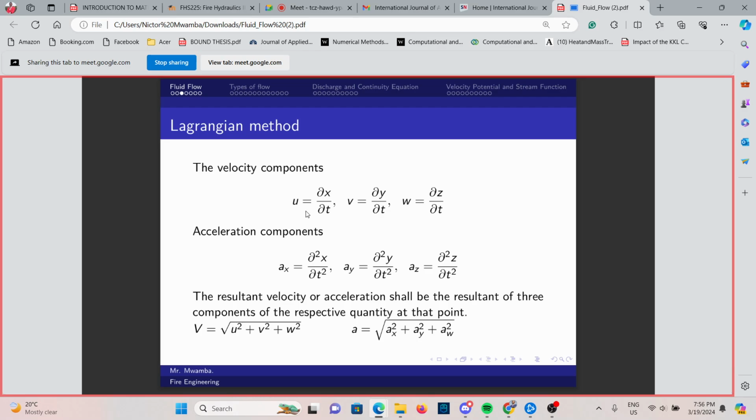So u is the velocity of the fluid particle as it moves along the x direction. Then v is the velocity of the same fluid particle as it moves in the y direction. And w is the velocity of the same fluid particle as it moves along the z direction with respect to time.